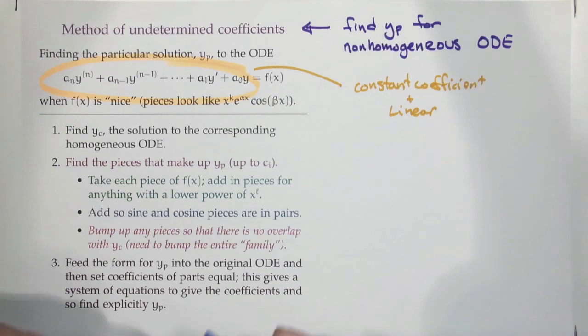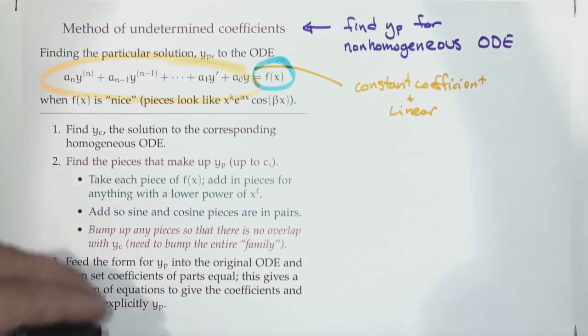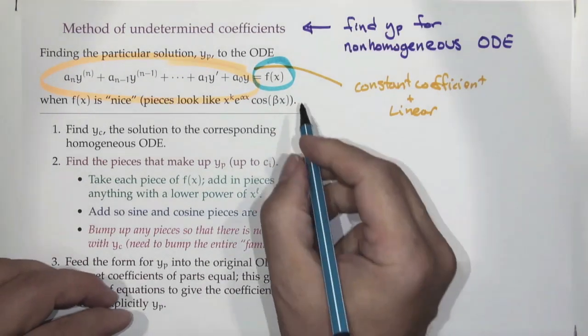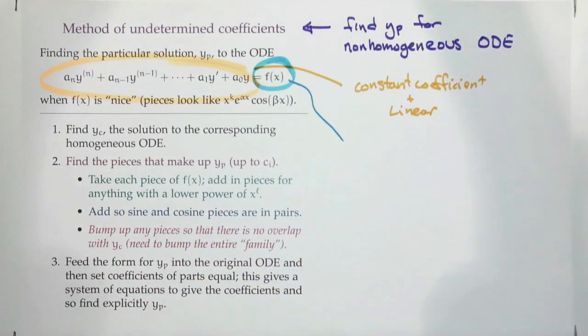But there's also the right-hand side, the non-homogeneous part, that f of x. That also has to have a limitation. Namely, it can't just be any arbitrary function. So what can it be?